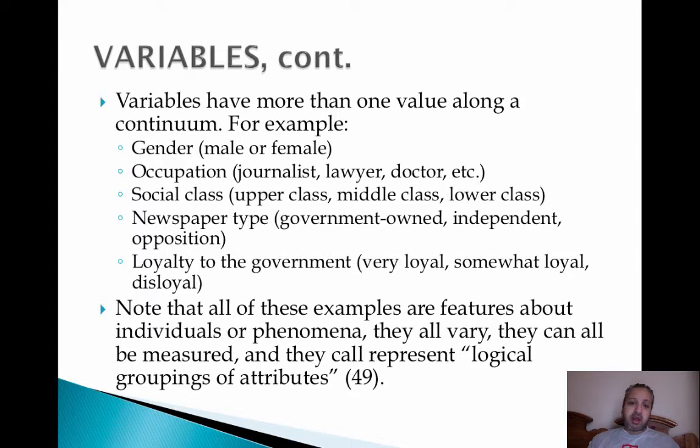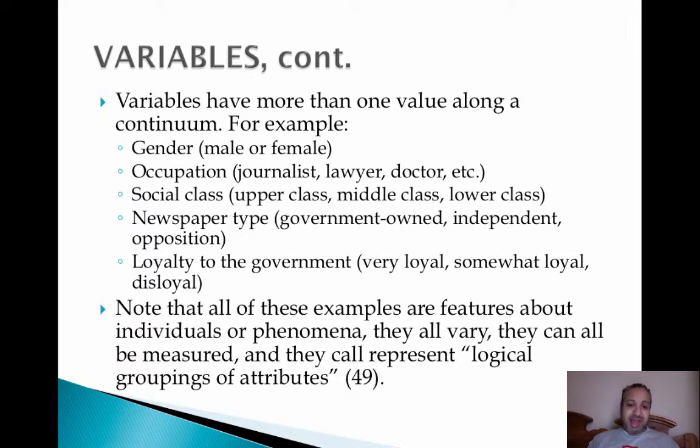Social class, upper, middle, and lower. Newspaper type. This is a variable from one of my research studies on Egypt. I looked at government newspapers, independent newspapers, and opposition party-owned newspapers. So there were 3 different newspaper types, right? Loyalty to the government. Very loyal, somewhat loyal, disloyal.